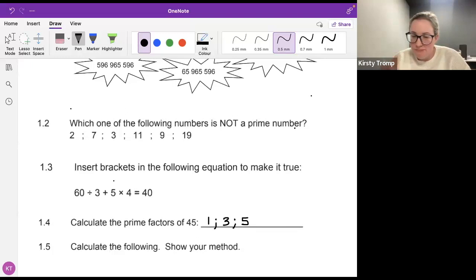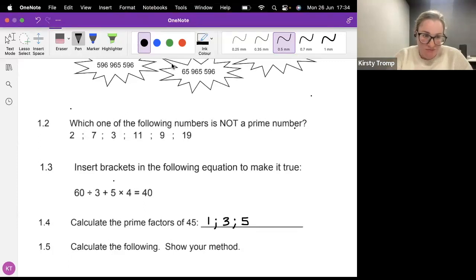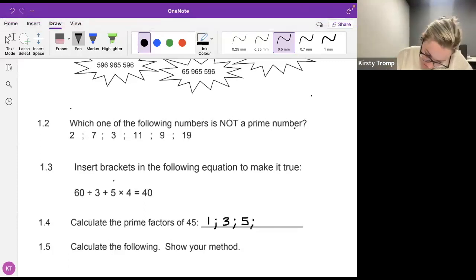Ma'am, I got 1, 3, 5, 9, 15, and 45. Okay, so you also got 9, 15, and 45. So I also agree that those are the factors, but I wouldn't say that they're the prime factors.